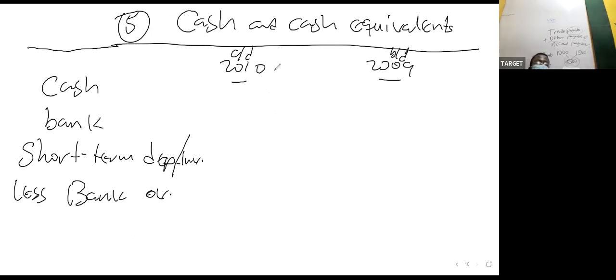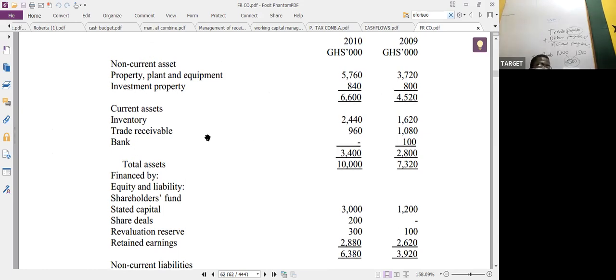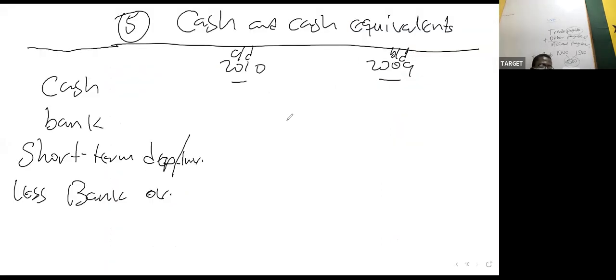Okay, so let's go. Let's go to bank balance. Here, to avoid confusion, start one after the other, okay? Let's start from 2009. You have a positive figure, bank balance 2009. It's 100, right? So let's go and put it in. 100 here, right? Don't forget the reporting currency, 3 zeros.